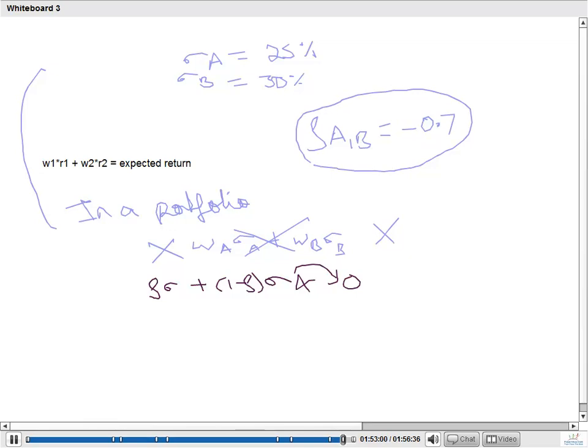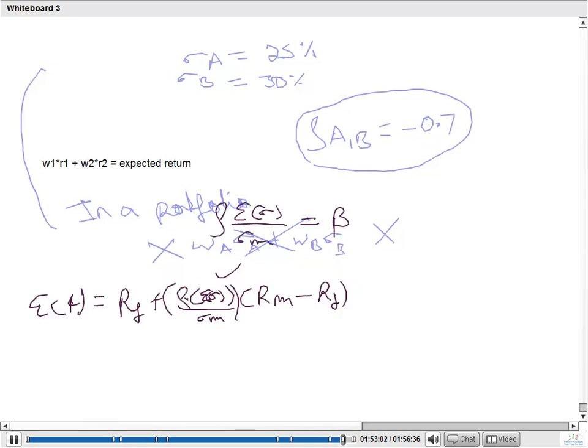So this gives us the capital asset pricing model, which says that the expected return is equal to the risk-free rate plus beta times Rm minus Rf. Beta is correlation into sigma of the portfolio upon sigma of the market.